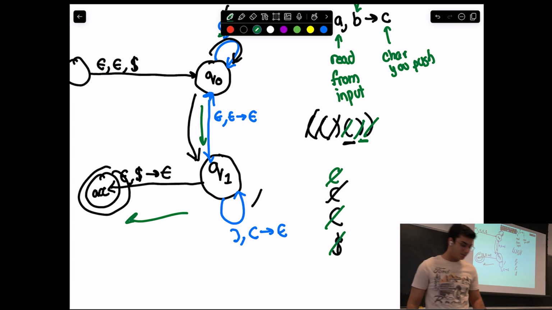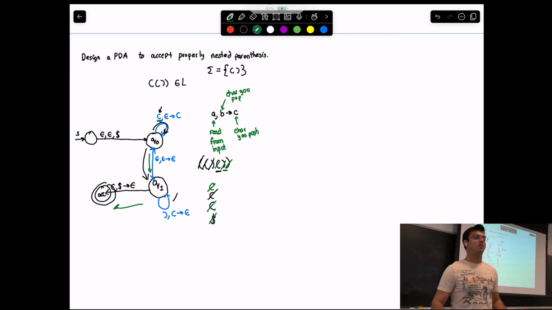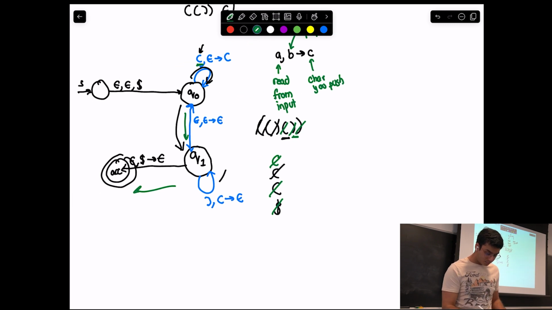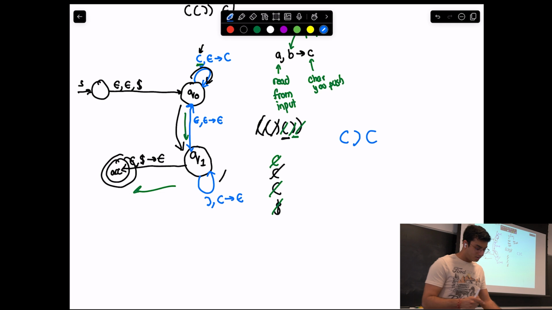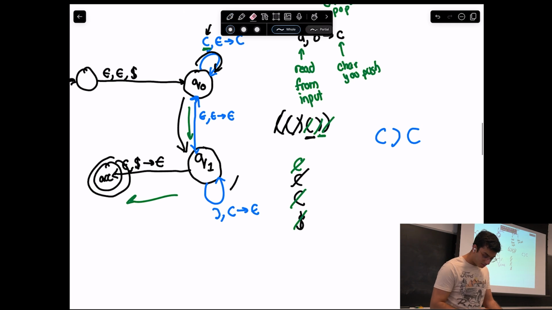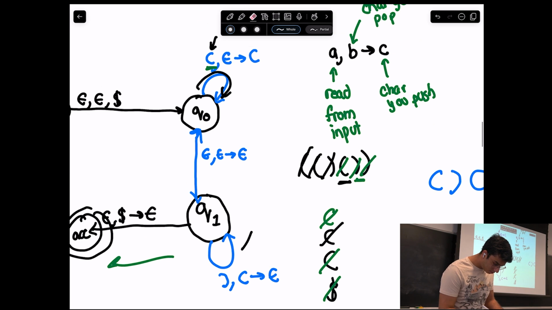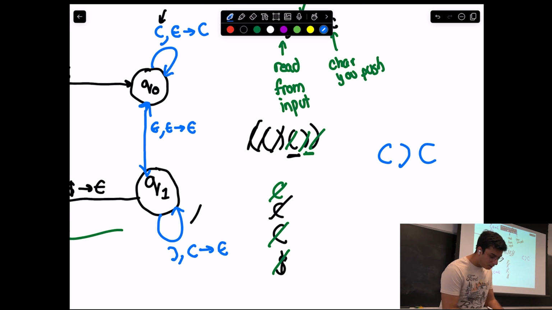Yeah. There's an issue with this. What's the string that doesn't work? Like open, close, open. This PDA would accept it. Right? Yeah. No? Let's see. So let me delete all of these other transitions. So what is it? We push open, we read open, we pop nothing off, and we push.